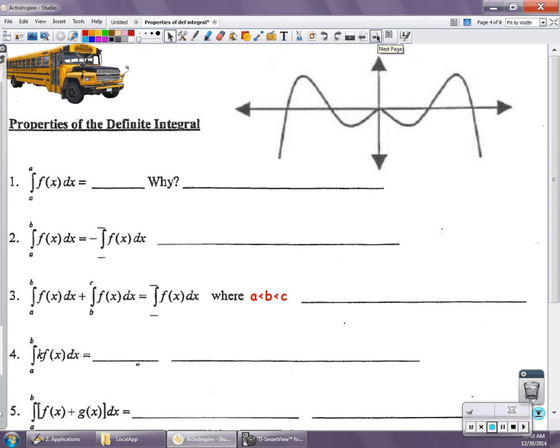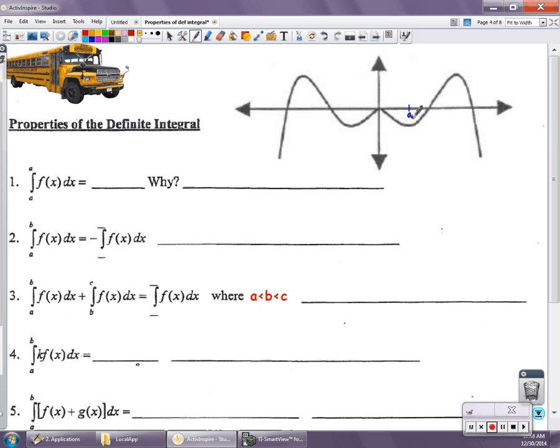Properties of the definite integral. I have a curve given at the top that I may use to reference or explain some of these properties. Some of these properties are very straightforward, and you actually already know them, but they haven't been made formal. So the first property says, let's say that x equal to a is right here.